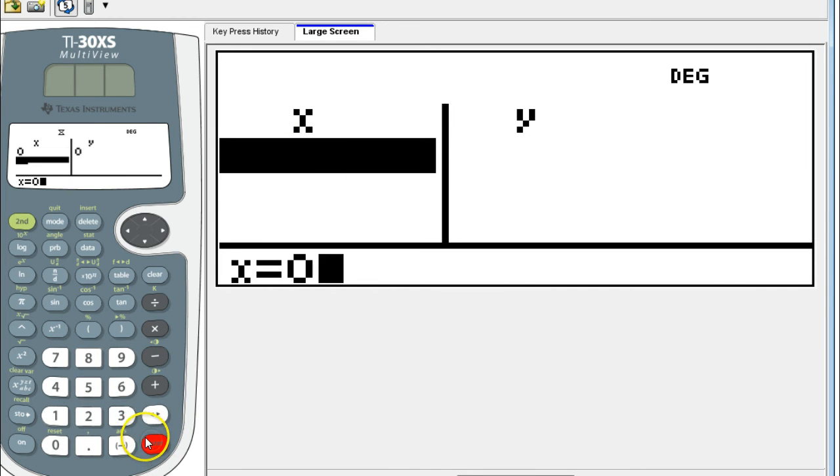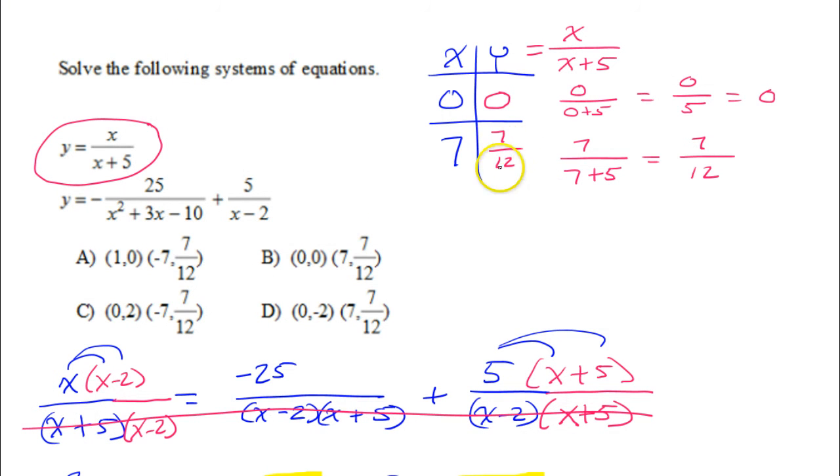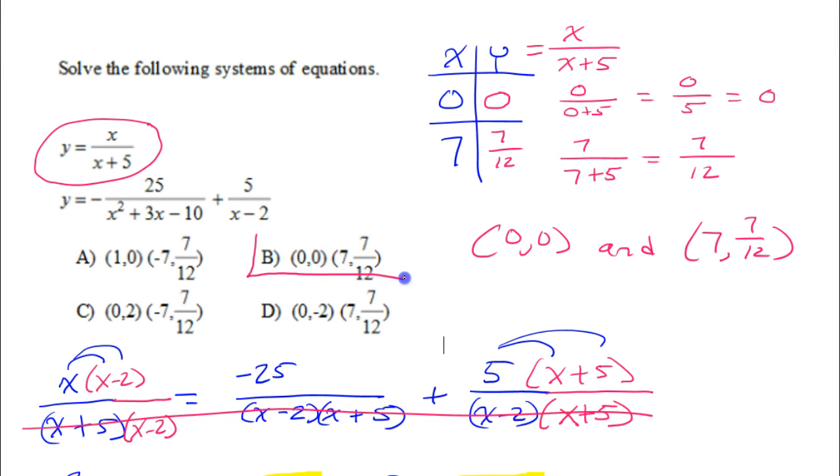Now we just did 0 and 7, and we got 0 and 7 twelfths. Alright, so now you know both ways. So anyway, we're looking for these points, 0, 0 and 7, 7 twelfths. So it looks like the answer is B.